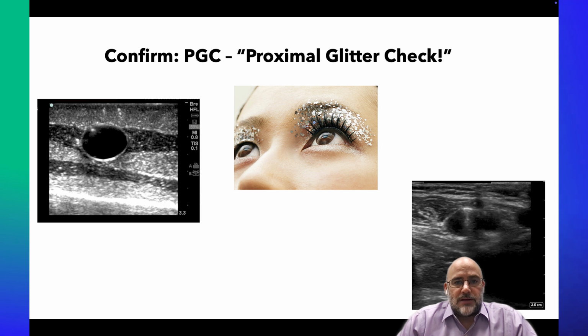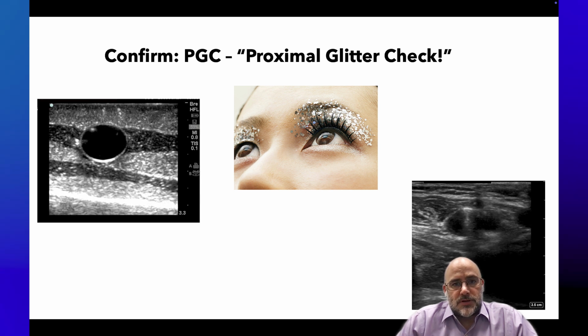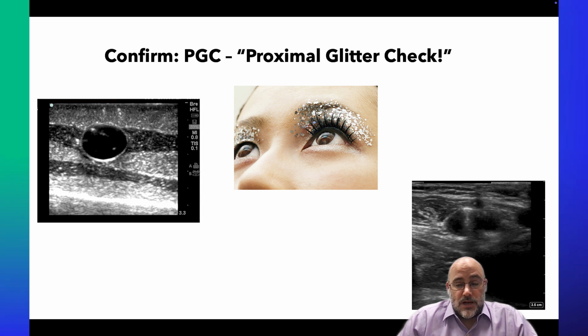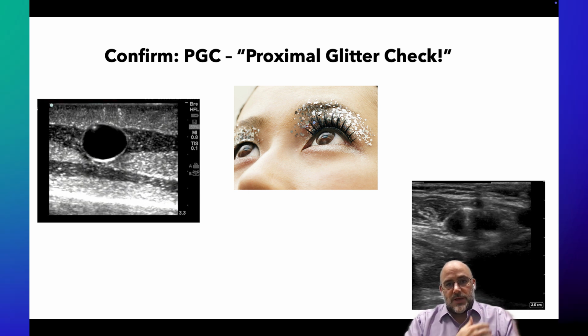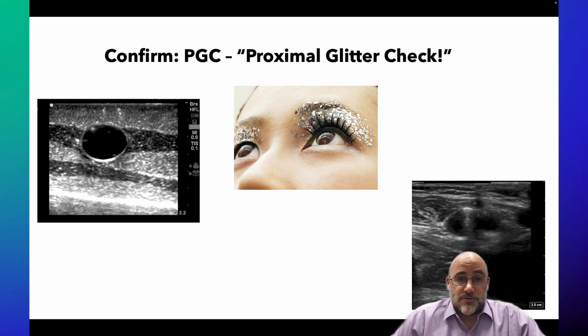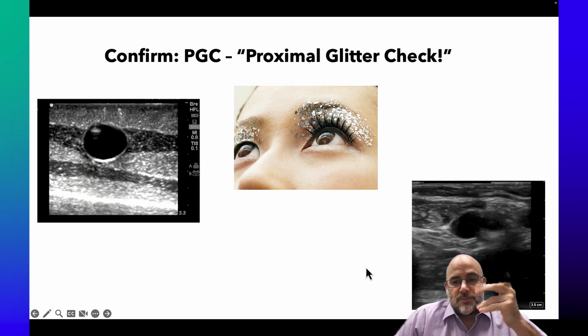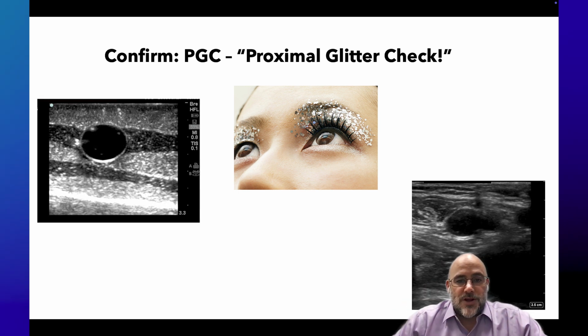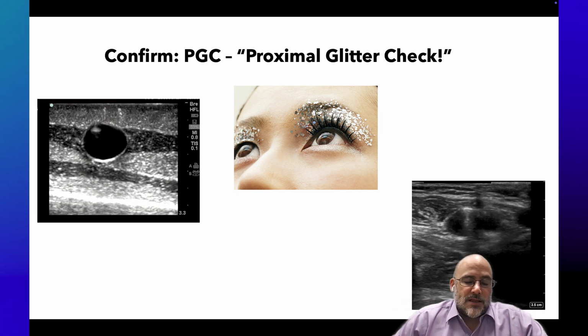So basically, when all of your other steps are complete, you can grab the non-sterile gel with a non-barrier protected ultrasound. Just look proximal on the patient, whether that's the right ventricle or just further up the arm, and go ahead and flush that catheter, and you'll be able to see, as you see in some of these videos here, some of that turbulent flow, some of that flush that creates this sparkle, or what I call glitter. You'll see that in the proximal vessels.